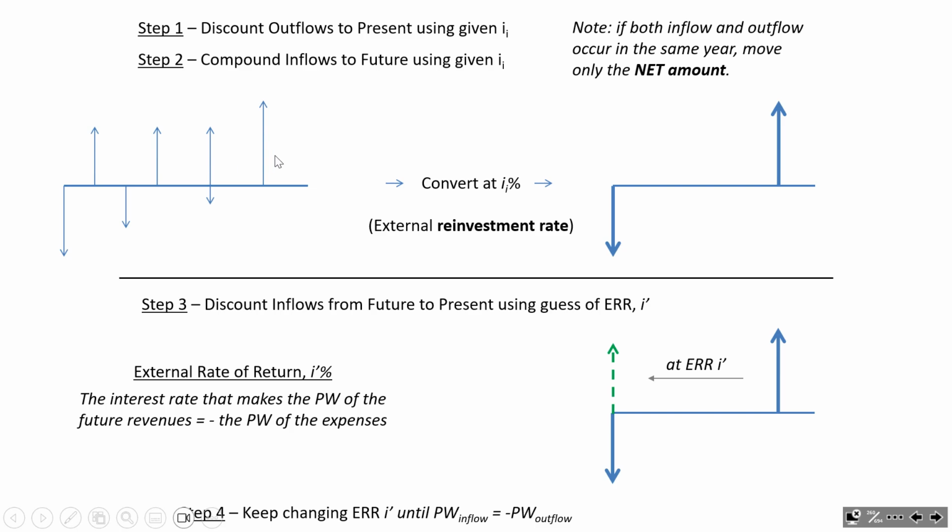All of these revenues are gathered together in the future, and you compound them to the future at the external reinvestment rate, and then the external rate of return is the present worth of those future revenues discounted to the present, and it's equal to the present worth of the expenses. So the expenses are down, the revenues are up. We're just looking for the absolute value of the two to equal each other.